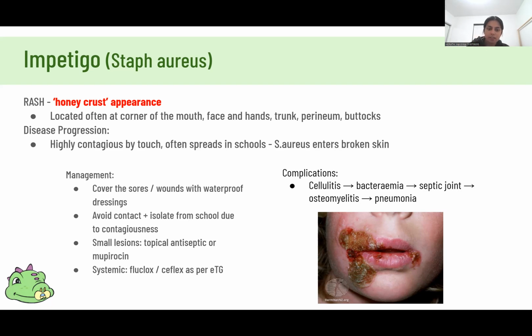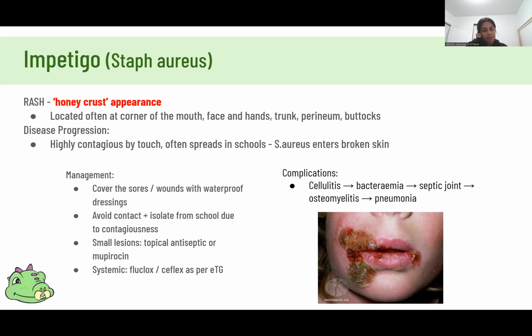It's important to not touch those crusts or the area that's infected because it's highly contagious. There is a need for school isolation and avoiding contact with other members of the family if possible, because it's very, very contagious.